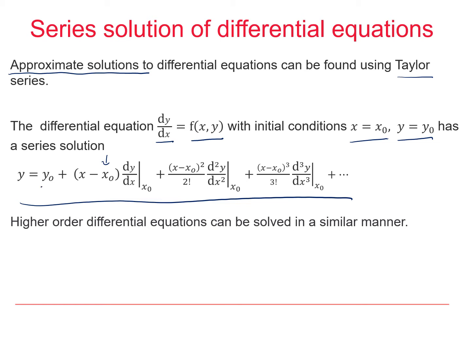The first term is y naught, the initial condition, and this here is saying it's the first derivative of y with respect to x evaluated at x naught. That's like the first derivative at x naught, which is just our replacement for a in the series. The key difference here is that y naught is the value of y at x naught.